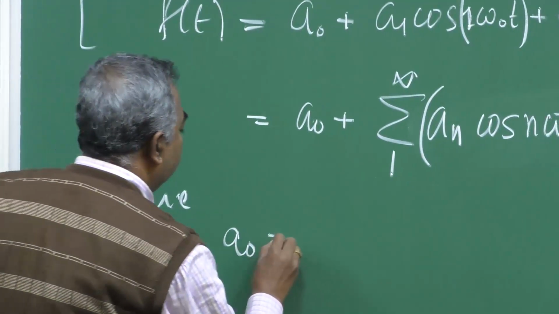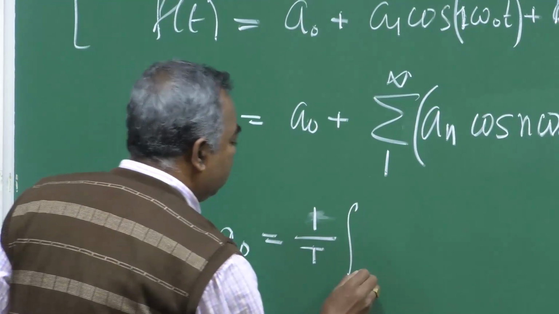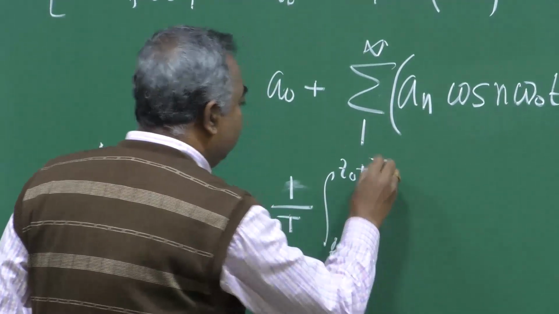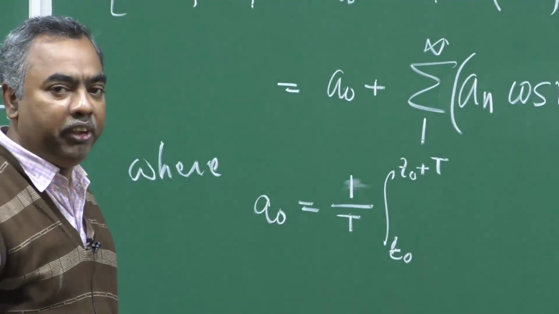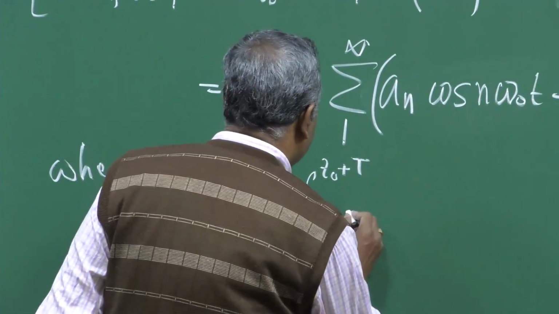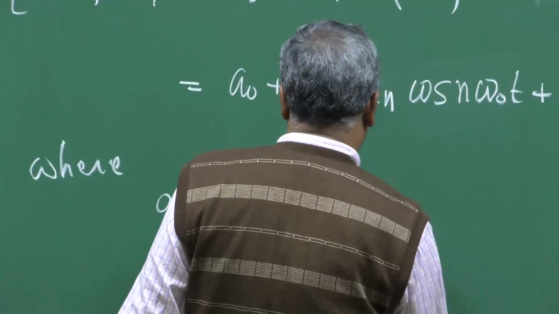Here, A naught is equal to 1 by capital T times the integral from t naught to t naught plus capital T, where capital T is the period of the disturbance, of f of t dt.